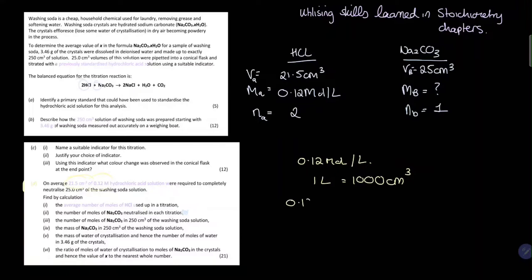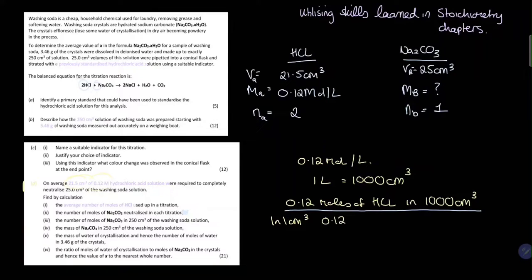So I know that there's 0.12 moles of HCl in 1,000 centimeters cubed. So in 1 centimeter cubed, I'd have to divide this line here by 1,000 to get what it would be in 1 centimeter cubed. So I'm going to take that 0.12, divide it by 1,000 to see how many moles are in 1 centimeter cubed only.